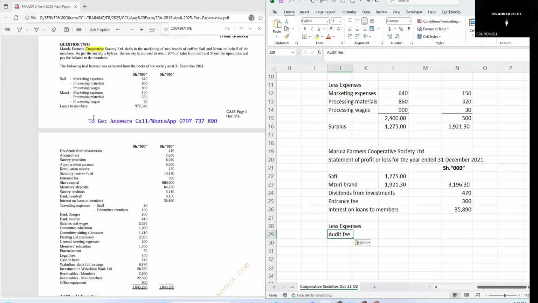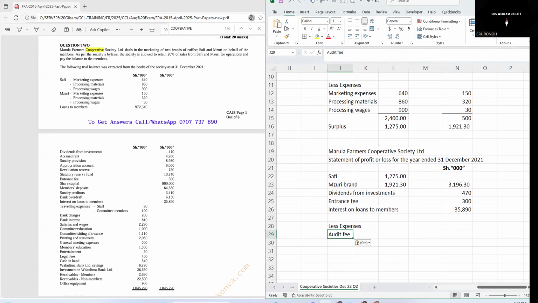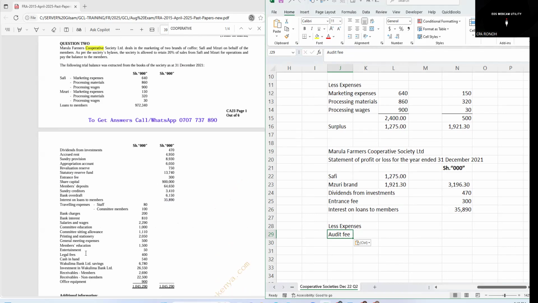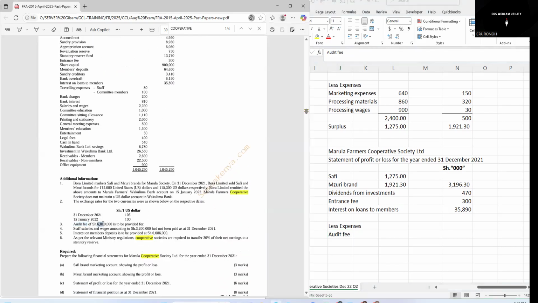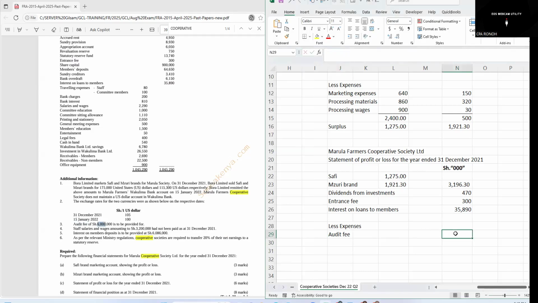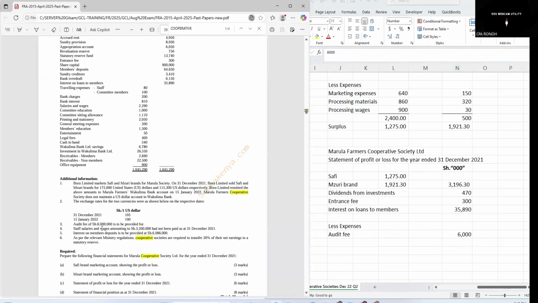Is there anywhere written audit? No. So we only need to account the 6 million here. If it was there as an accrued, you could have taken whatever is in the trial balance and added this. Salaries and wages. So we have salaries and wages.